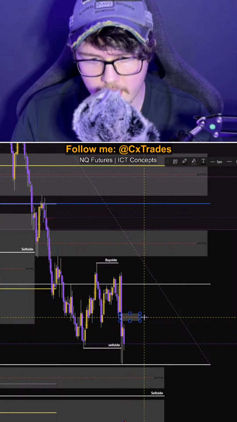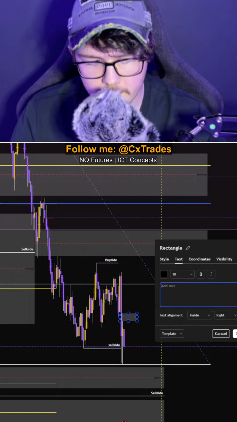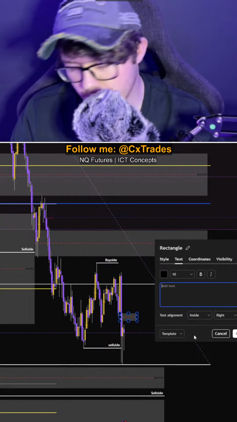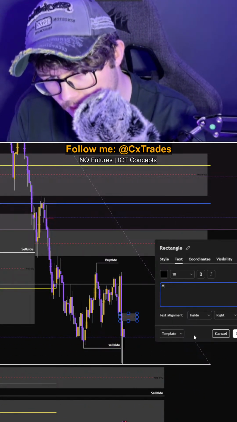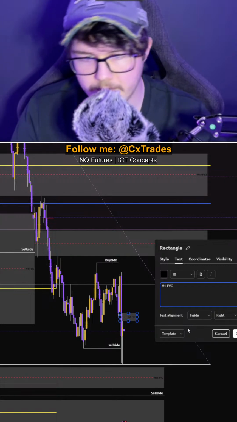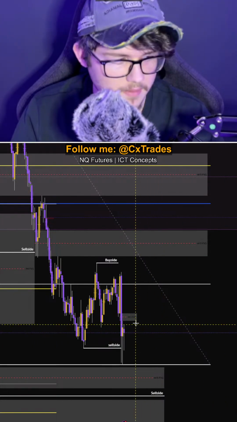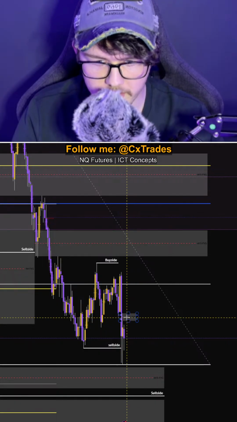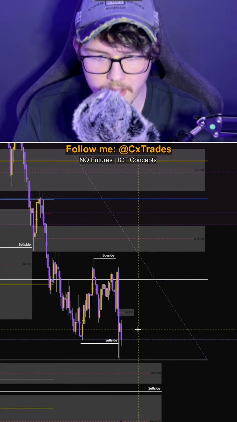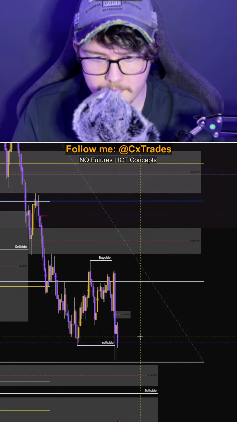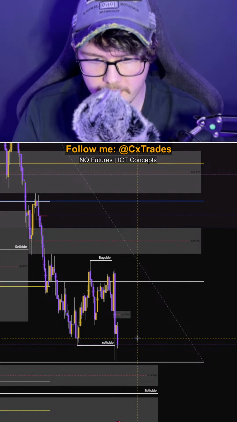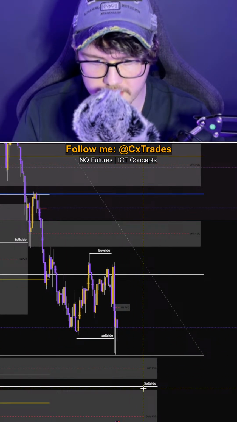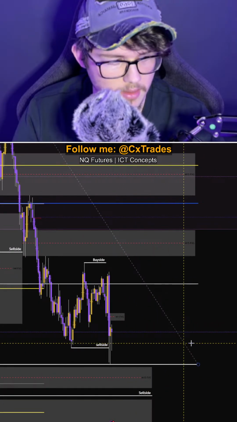The fair value gap. This is the first presented FVG, so if it's a sensitive level, price will react off of this and come lower. Like I say, I would have liked to have seen this taken here, but it's not compulsory.